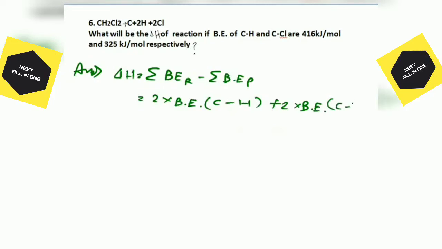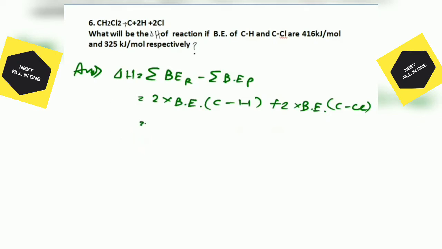of C-Cl. Now why did we write this? Because if we write the structure of CH2Cl2 here, it will look like this, right? You can see why we wrote it: 2 bonds of C-H and 2 bonds of C-Cl.